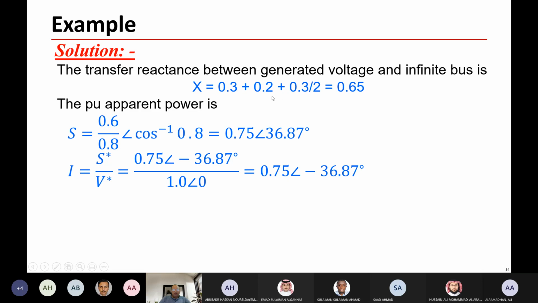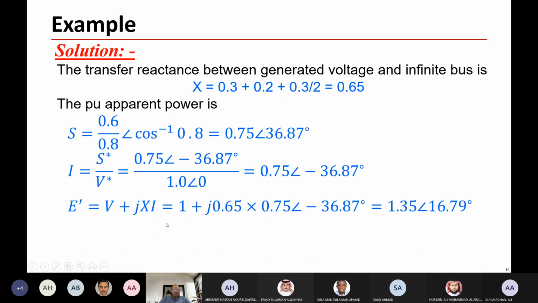And with this reactance, with the current, you can get the E prime equal to V plus jXI, and this is the current here. So you can get it as 1.35 and 16.79 degree. So this is the E prime in per unit, magnitude and angle. Okay.